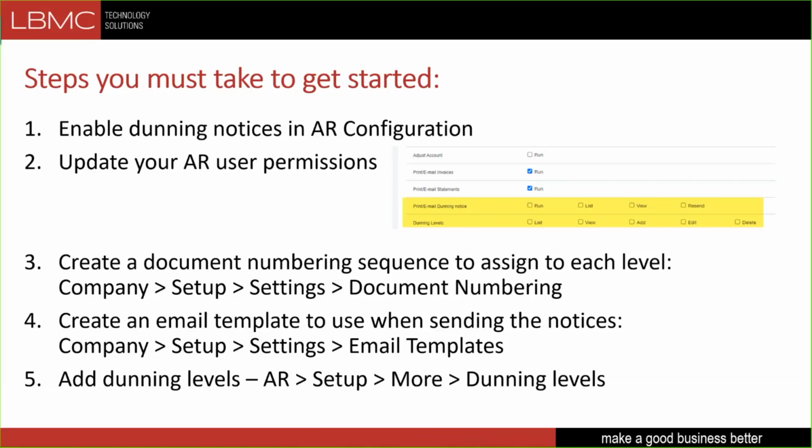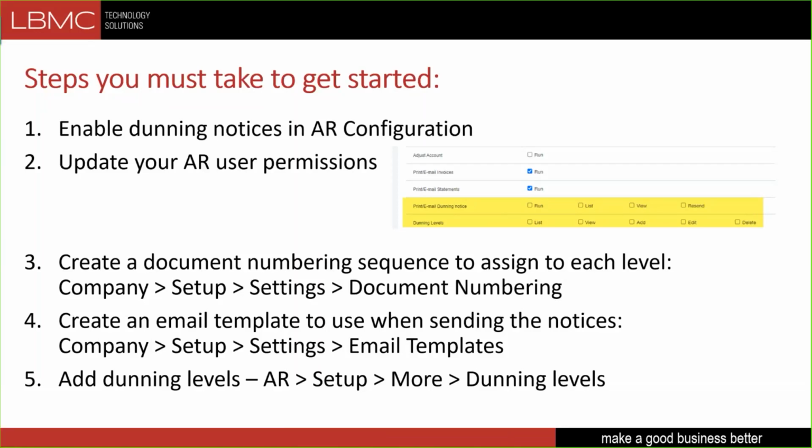You'll do that through company setup, settings, document numbering. And then if you plan to email these notices, you'll need to create email templates for each of them. If you want the language to be different depending on the level, you'll need to set up unique templates for each one of the levels that you're going to use.